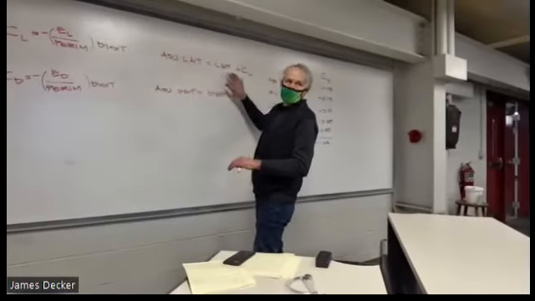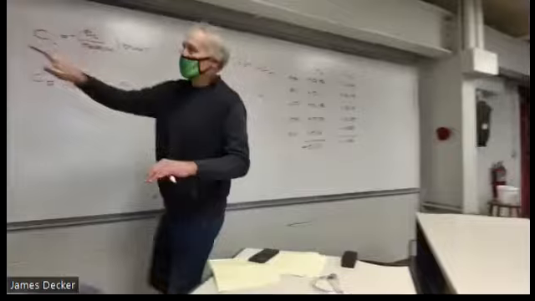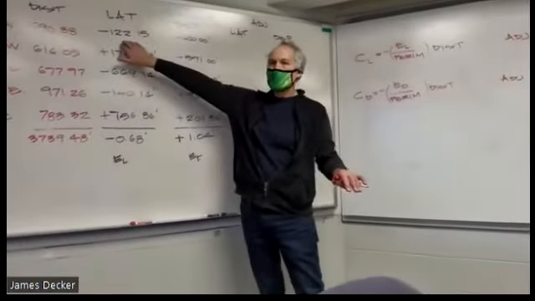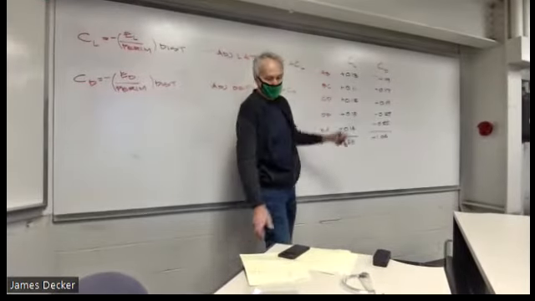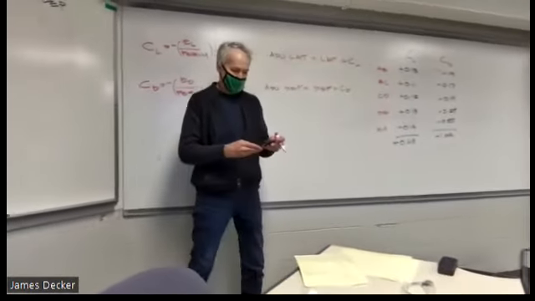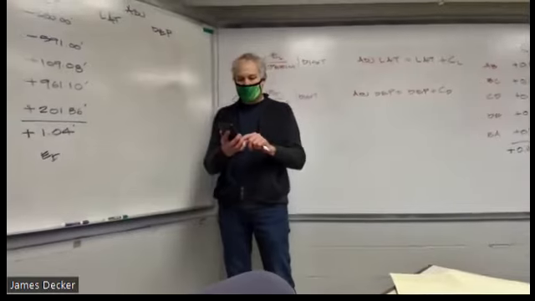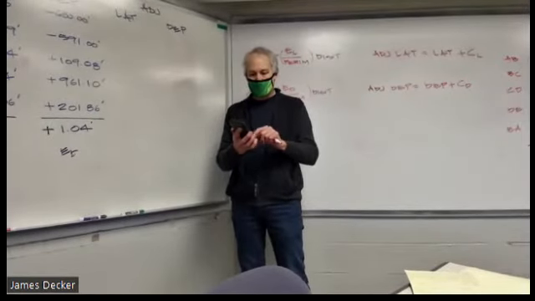We take the latitude plus the correction. So we're going to take this guy, negative 122.15, plus this guy, which is a positive 1. You have to consider the algebraic sum. You're not just adding across the board, you're adding it algebraically. So make sure that you consider the sign.